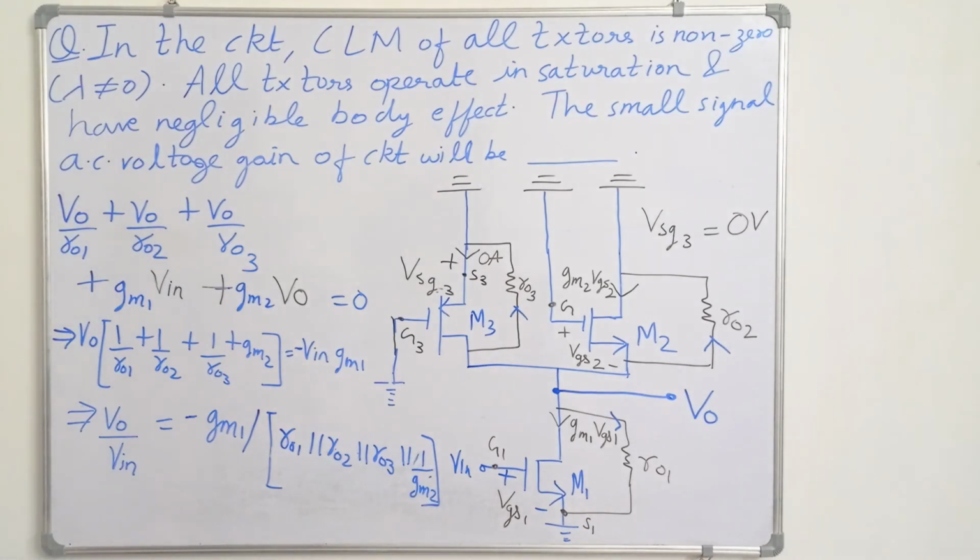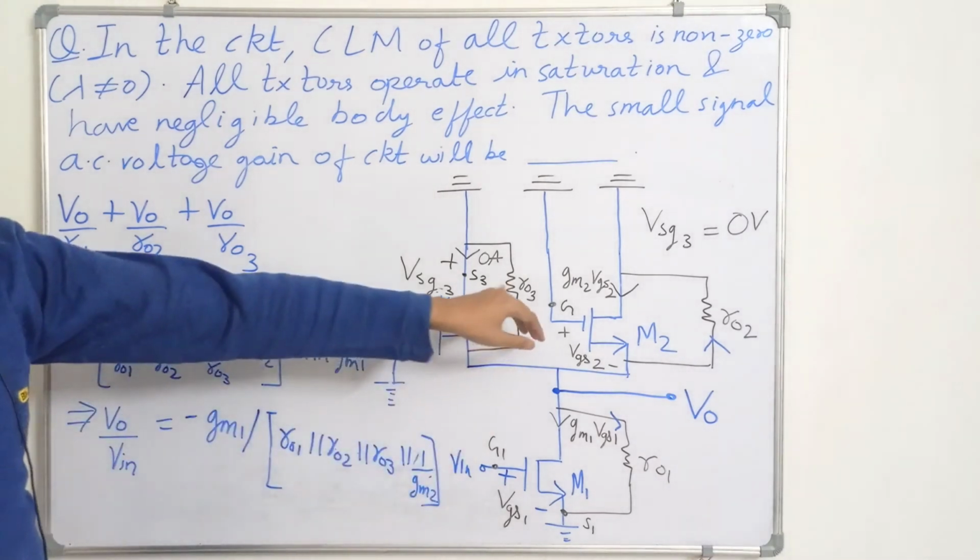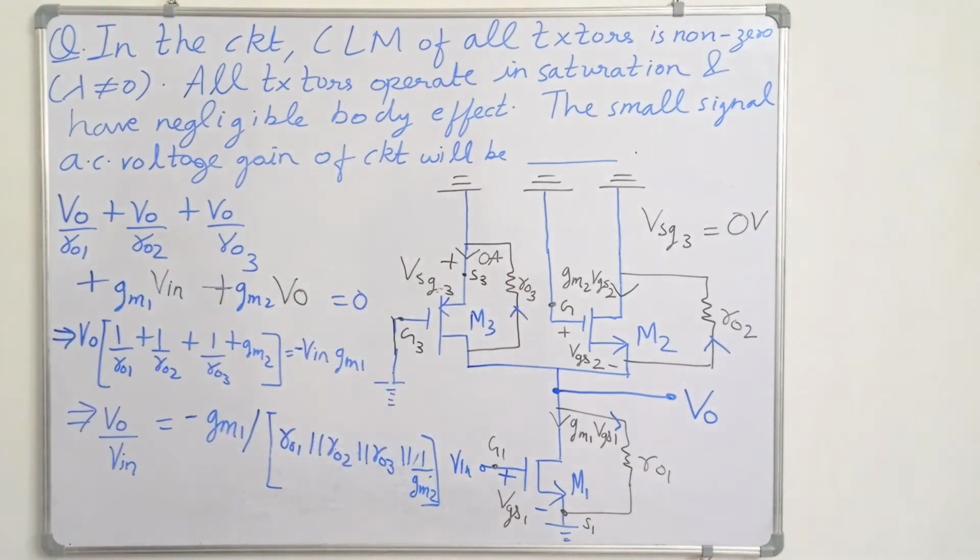So V0 upon Vin is only dependent on GM1, RO1, RO2, RO3 and GM2. It is not dependent on GM3 because VSG3 is equal to 0 volt. So this is the solution for this question.